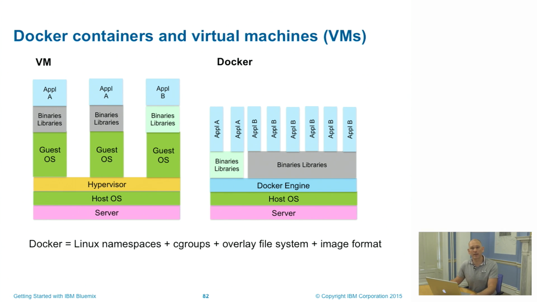A Docker container has a slightly different model. It runs on a host machine, but this time we make use of resources of that machine. So I don't run another virtualized instance of what would be a physical machine. I now have a series of layers where the containers will share some of the underlying resources.